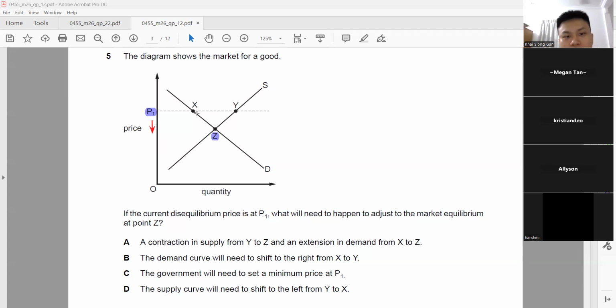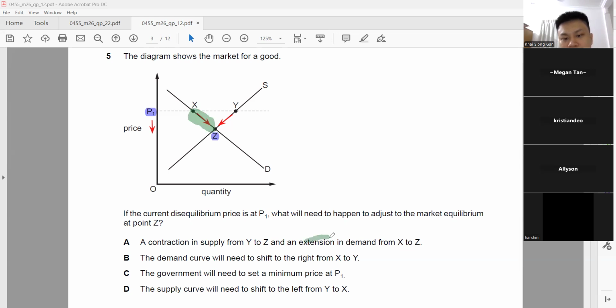So when price goes down, you can see the movement along the demand curve and the movement along the supply curve, right? When the price goes down, more people will be buying, higher quantity demanded. So we call it extension in demand.